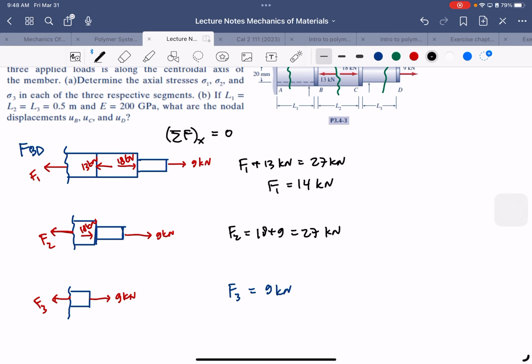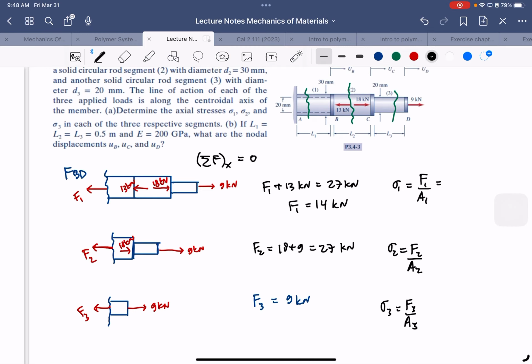And from here we can take the stress. This is F1 over A1, stress 2 is F2 over A2, stress 3 is F3 over A3. What is the diameter?